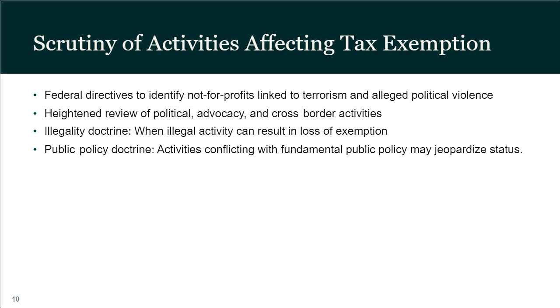Now, tax-exempt organizations do report their political advocacy and cross-border activities on various schedules of the Form 990, Schedule C, Schedule F. In particular, that's kind of where you highlight, here's what we've done during the year, here's the advocacy, here's the lobbying activities that we've done. It's just getting a little bit more scrutinized.